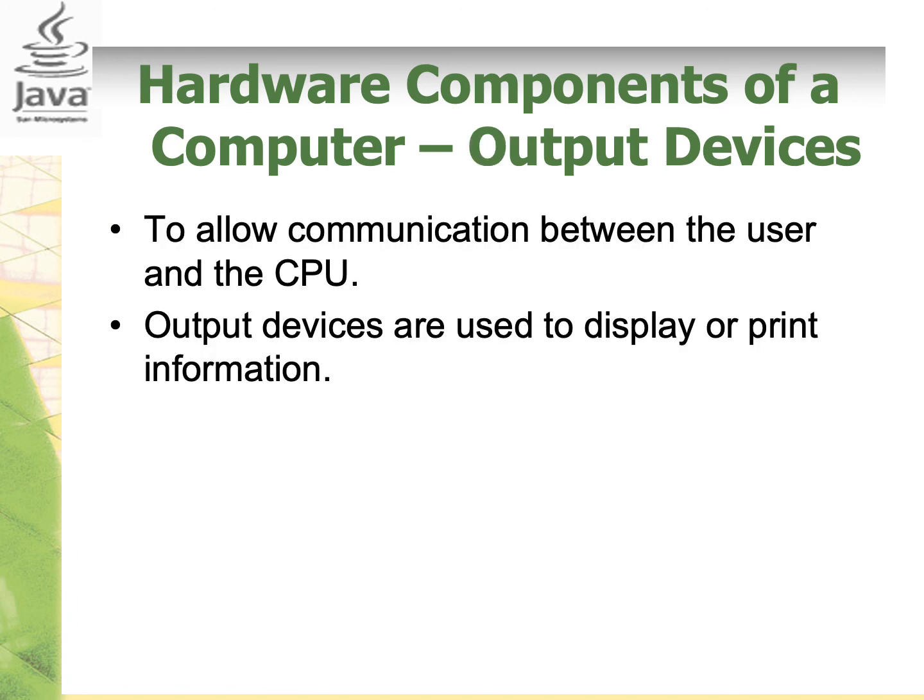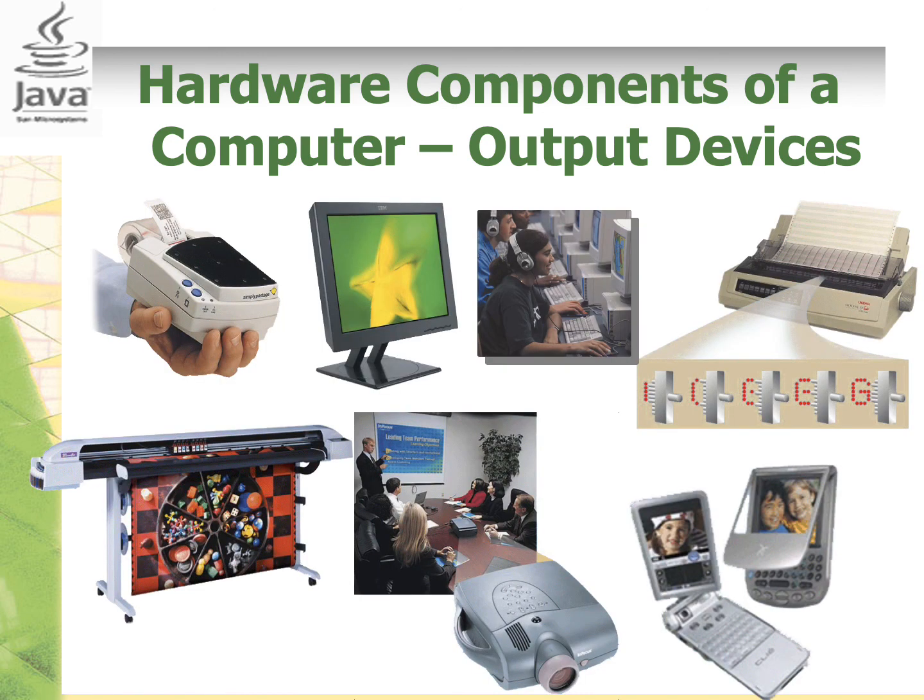Output devices also allow communication between the user and the CPU. They are used to display or print information. This slide shows examples of output devices such as the monitor, printer, and projector to display the processed information. Speakers and headphones are also examples of output devices.